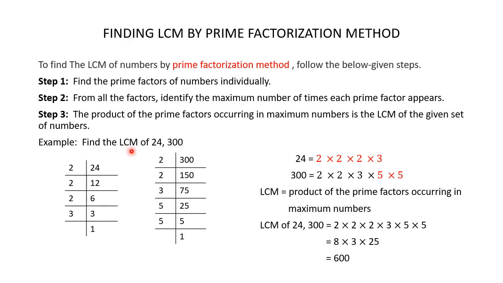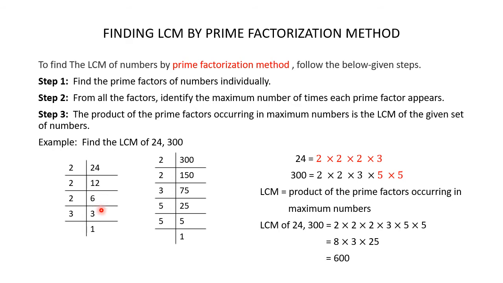Let's find the LCM of 24 and 300. So first we have to find the prime factors of 24 and 300. To find the prime factors of 24, first divide 24 by 2, you'll get 12. Divide 12 again by 2, you'll get 6.